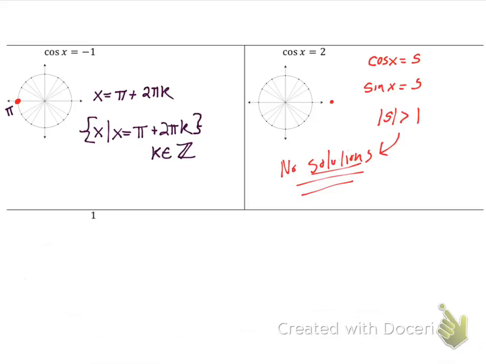Did I say anything about tangent? This isn't true for tangent, because tangent is sine over cosine, right? So sine could be super small, like 0.1, and cosine could be 1, and it'll be like 100. So tangent can be as big as it wants, but cosine and sine need to be less than 1 when you take the absolute value for us to be able to do it.